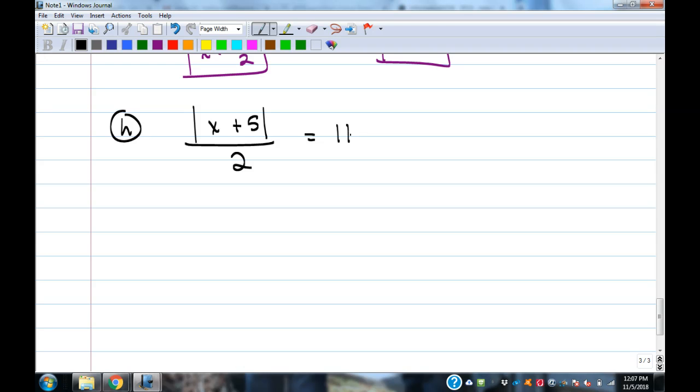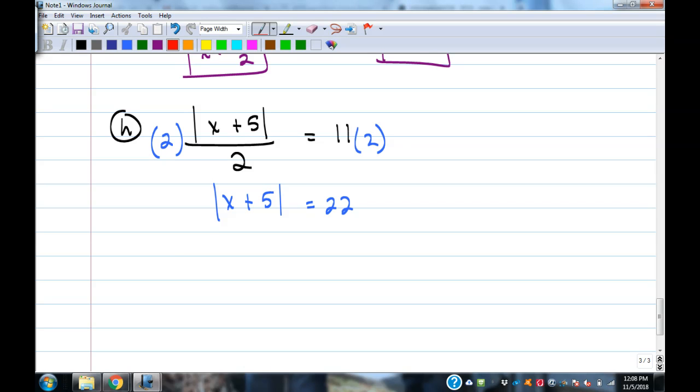These sometimes can be the confusing ones, but they're not much more difficult than the other ones. It's just got to think about what's going on between the absolute value stuff and the 2. Why am I timesing by 2? Yeah, when it's written like that, that's division, right? Yeah, you guys got the right idea. So we just multiply by 2. So that's 22 is equal to x plus 5 in absolute value.